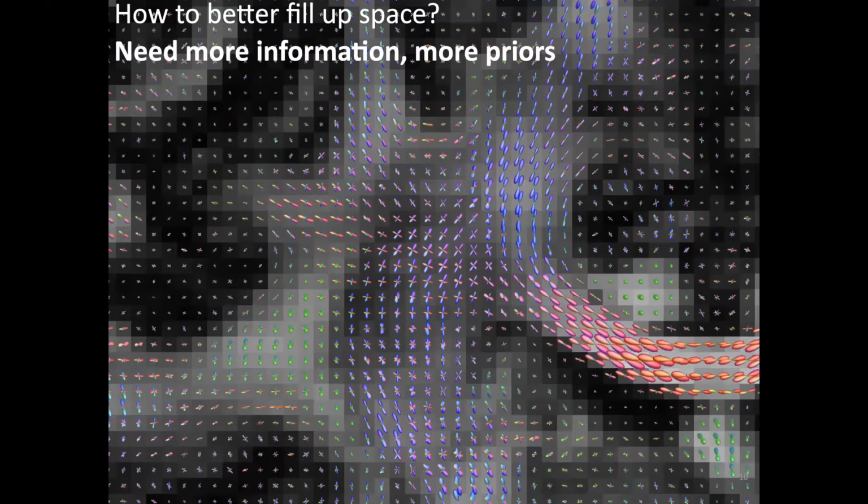What you see here is a zoom into a crossing fiber region where the corpus callosum crosses the blue track, the motor track, and the green track coming out at you is the language track. And so if you're just an algorithm stepping into this field of very complex crossing structure, you'll get lost.